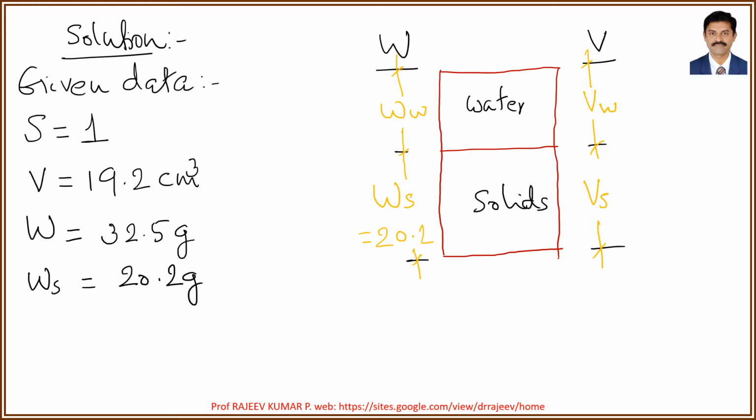Here in this, we know that from the three-phase diagram, we can easily find out the weight of water because the total weight is given here, 32.5 gram. On the other hand, we have total volume, that is 19.2 centimeter cube.